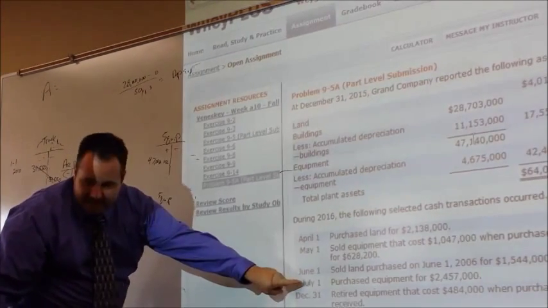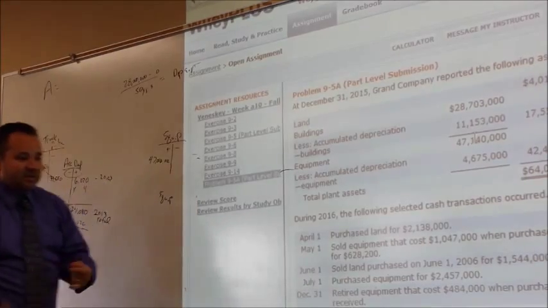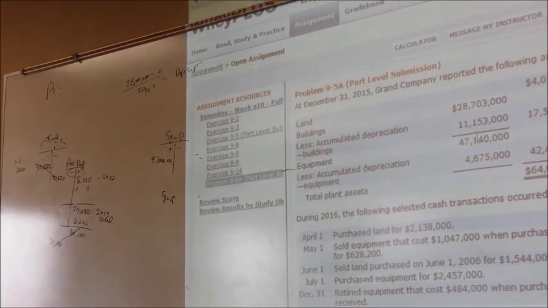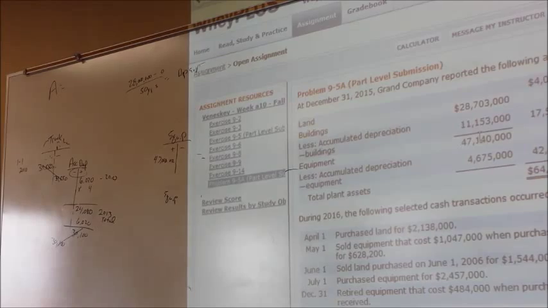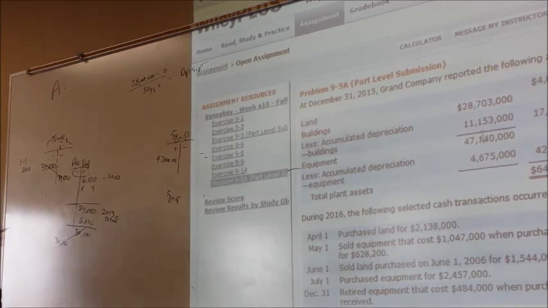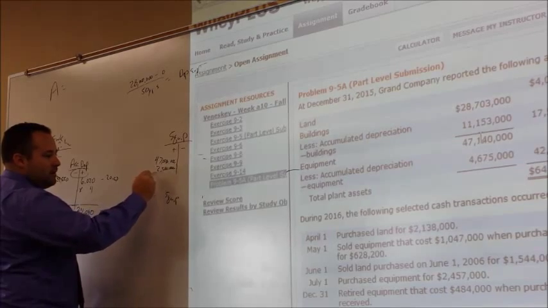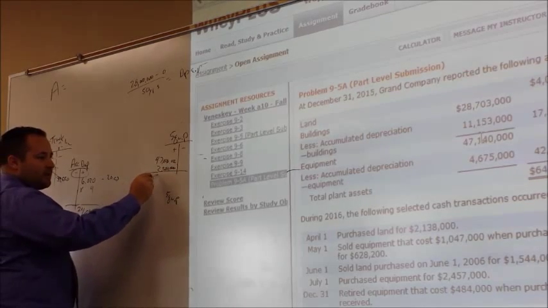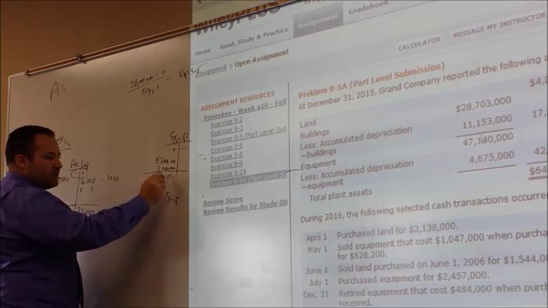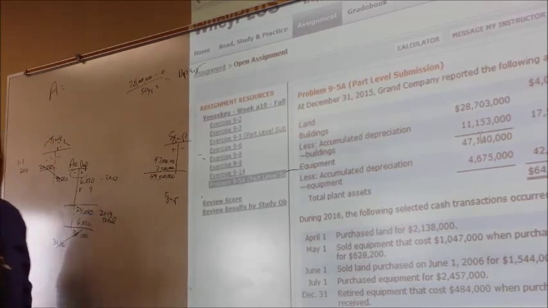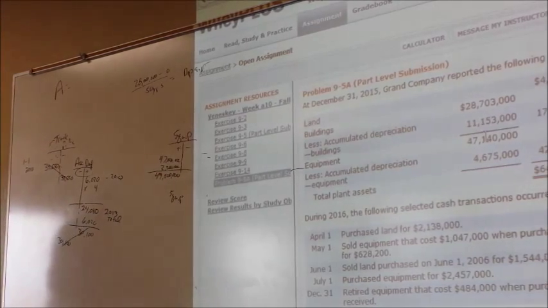But when you do this T account down here, July 1, it says you purchased more equipment for approximately 2.5 million. And you add that in to 2.5 million here. And then you say, okay, my equipment that I'm going to have to depreciate is worth $49,500,000.